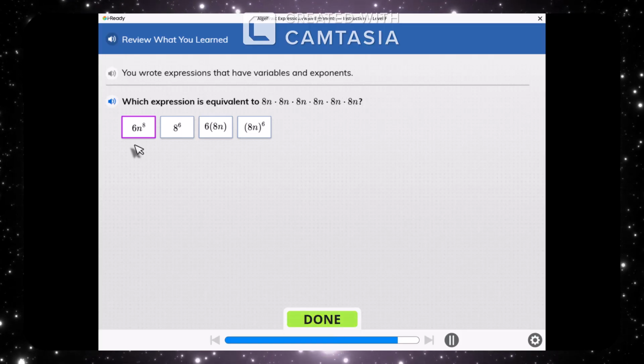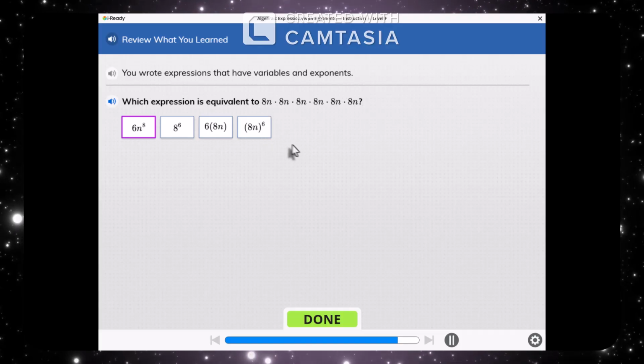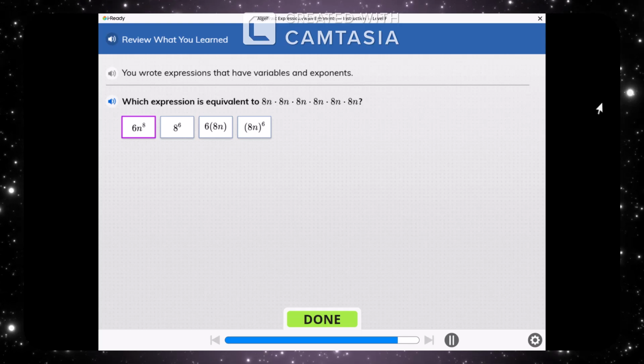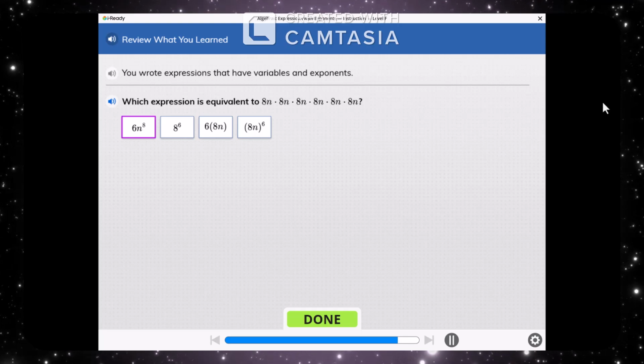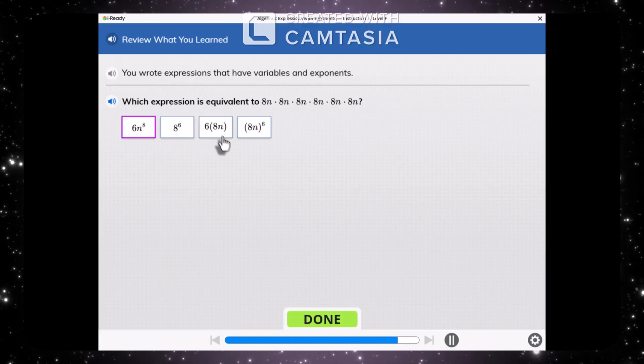N is used as a factor. No, wait. 8n is used as a factor 6 times. So that doesn't make sense.